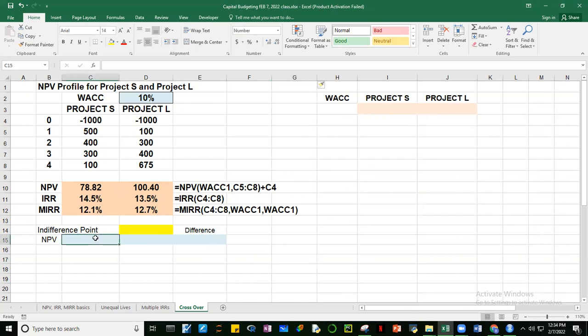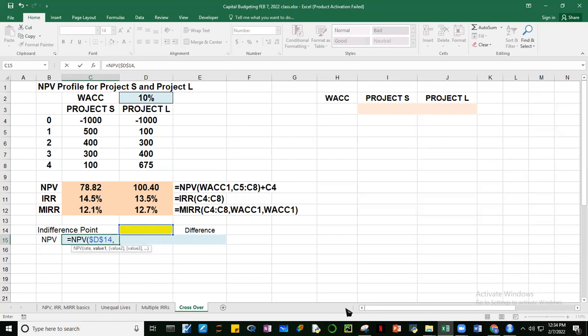Okay. So we first compute for the NPV. NPV ni S, alam natin yan, ang gagamitin natin rate ito, no? Not the WACC 1. Ito, guys, ito. Okay, so let me fix that. Yan ang solve natin kung ano yung WACC na yan.